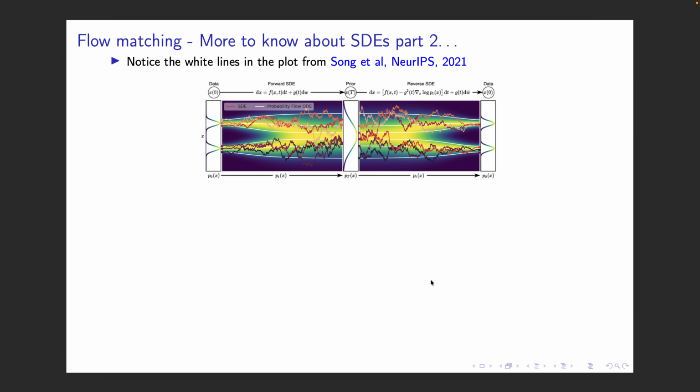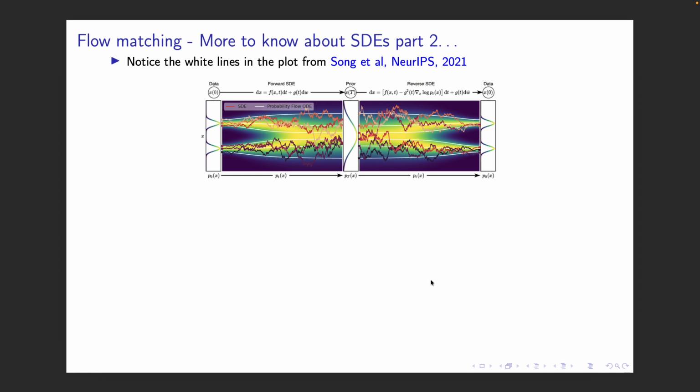If you look at this plot, you can see some white lines, and the legend says probability flow ODE. So my second confession is this: for any stochastic differential equation, there exists a deterministic equation, an ODE, that has the same marginals as the stochastic version, right?